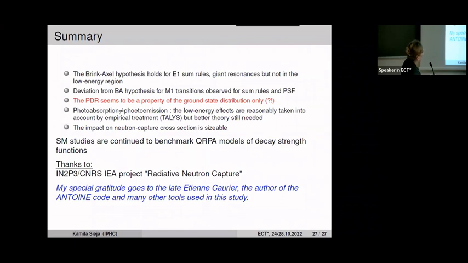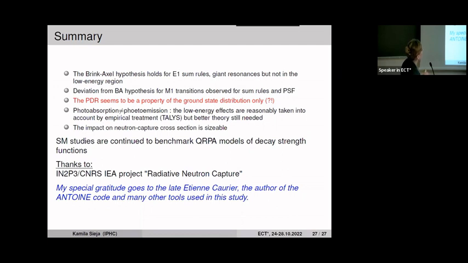So my conclusions would be that the Brink-Axel hypothesis, to my taste, holds for giant resonances, but in the low energy regime, we have a real problem. And what I am bothered with or puzzled, let's say, is that to me, the pygmy dipole looks like something that I can have only in the ground state distribution.